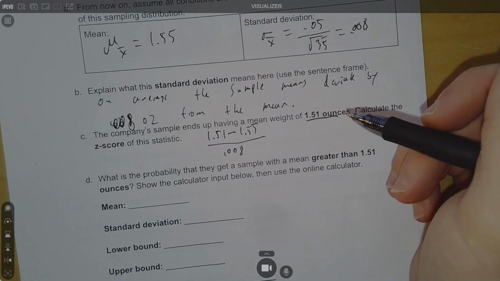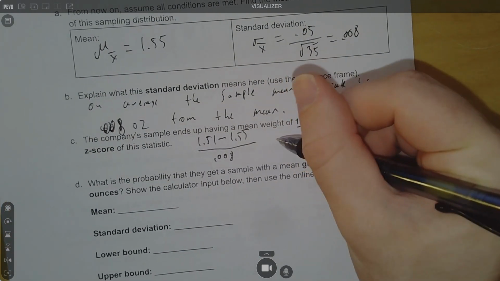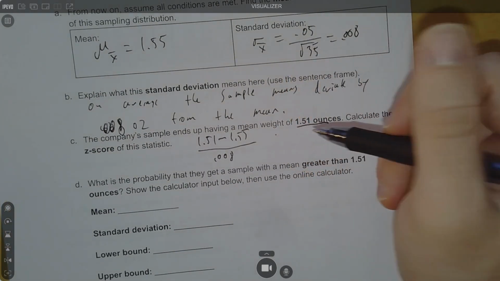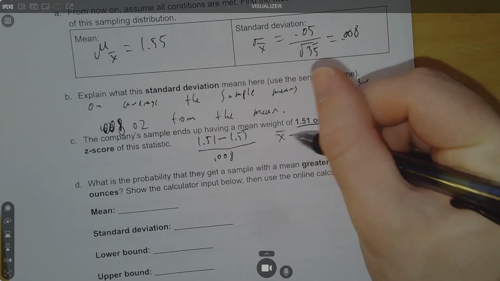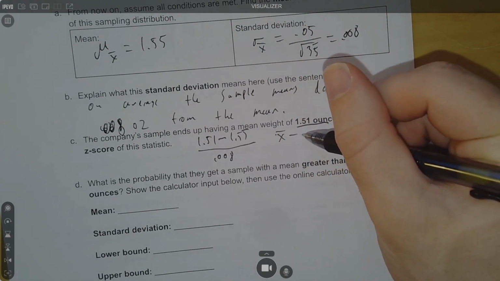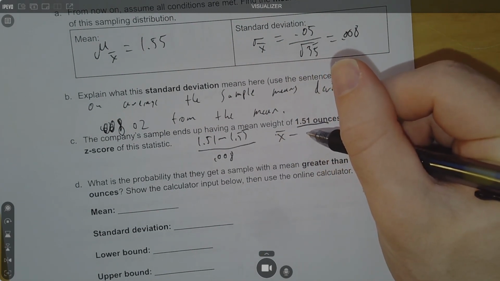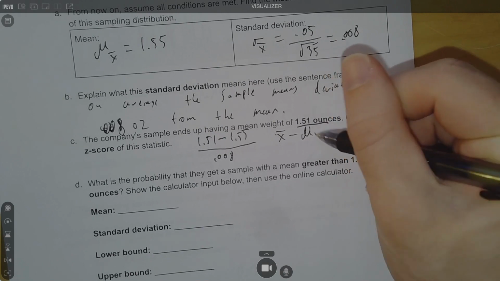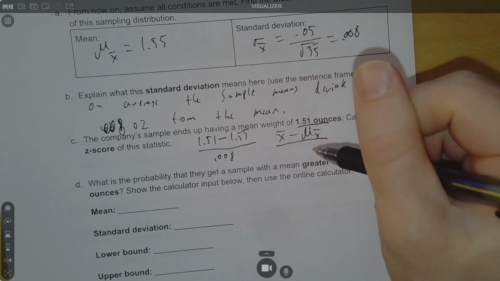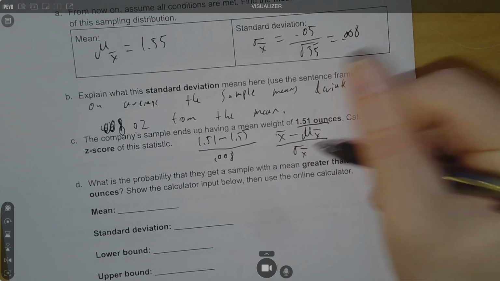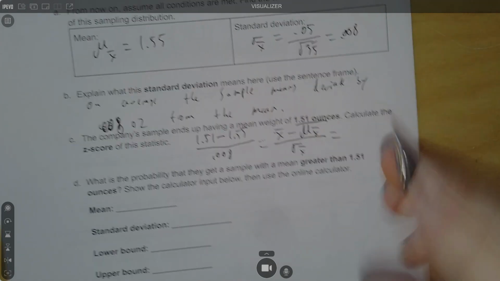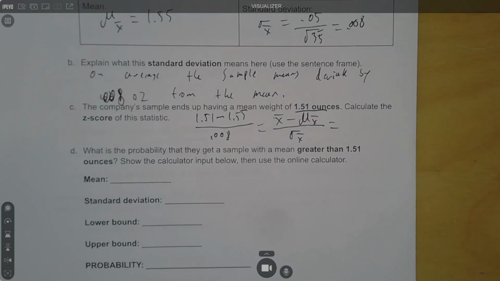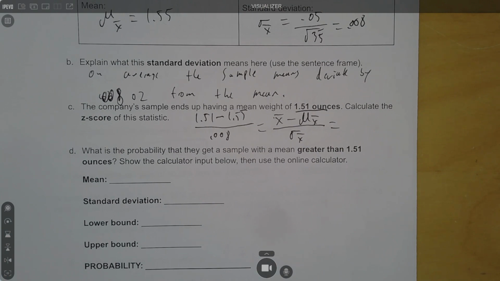This is what it looks like in symbols: my sample mean minus my sampling mean, divided by my sampling standard deviation. So when I do that, I get 1.51 minus 1.55 divided by 0.008. I get -5.